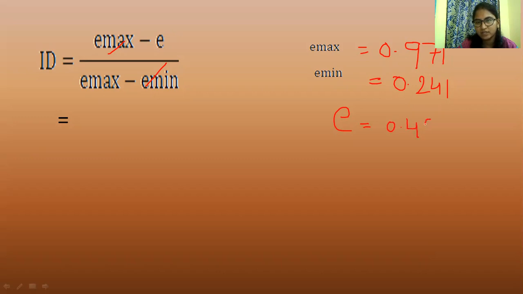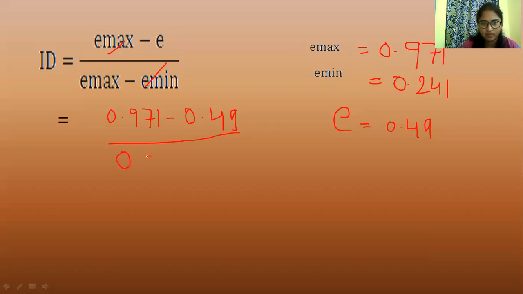These three values are substituted in the relative density index: 0.971 minus 0.49, divided by 0.971 minus 0.241, which is equal to 56.8%.